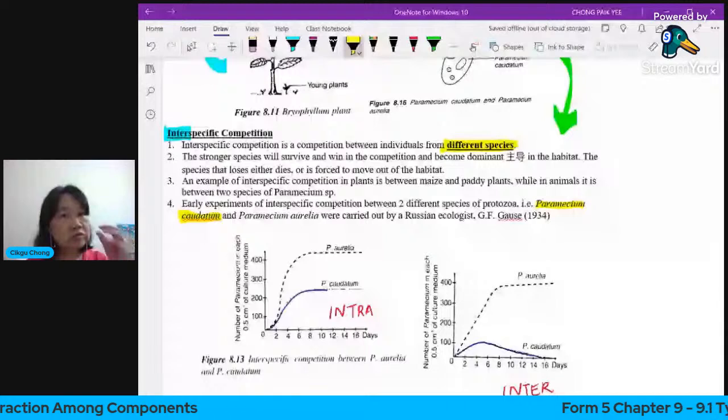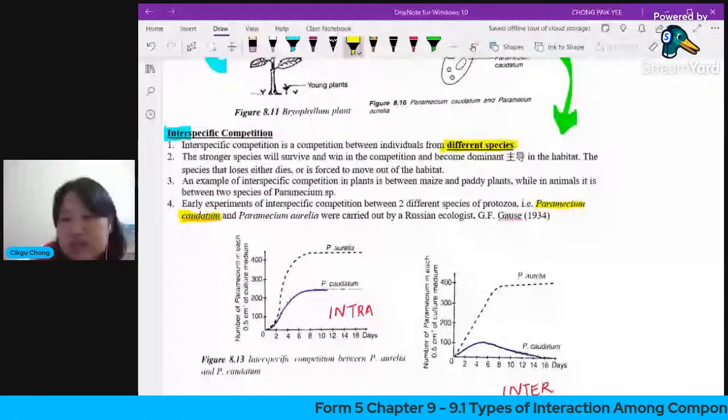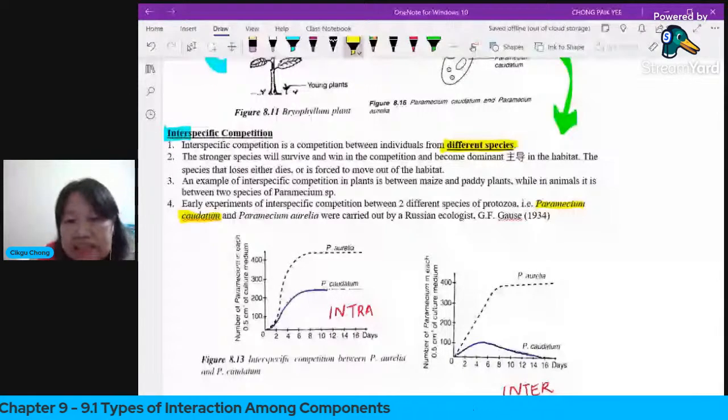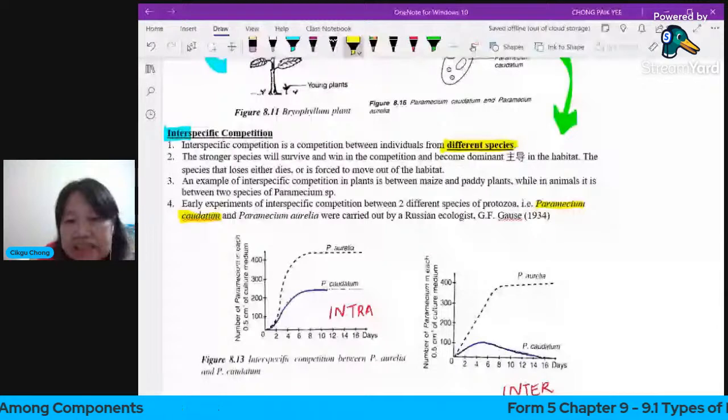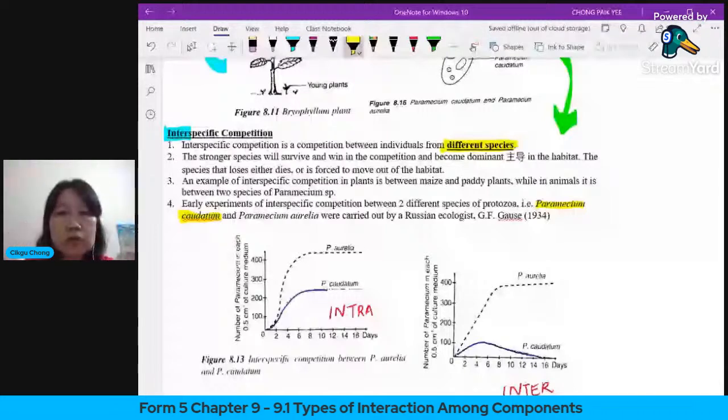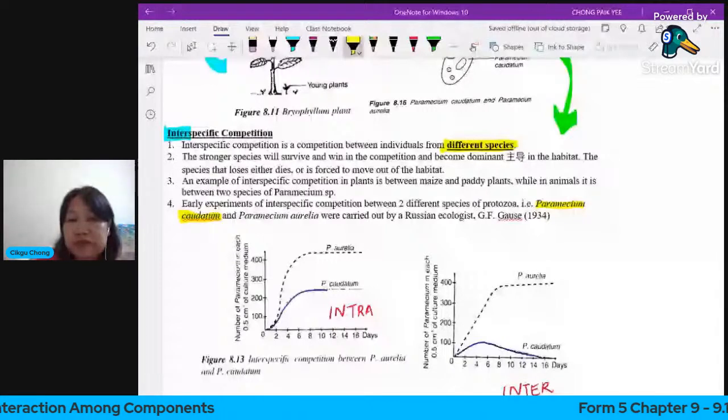Why? Because they have the same niche. They have the same role in the ecosystem, and they are competing for exactly the same resources. What this organism needs is the same as what the other organism needs. They have the same needs. That's why they will fight more intensely. If it is different species, like for example a lion and a tiger, maybe their needs are slightly different.